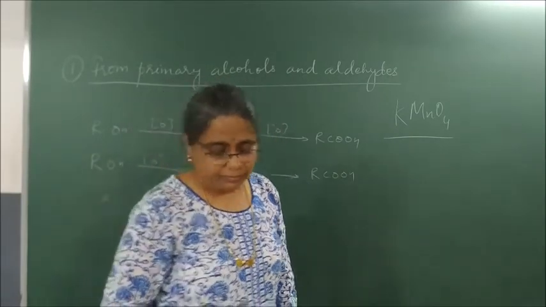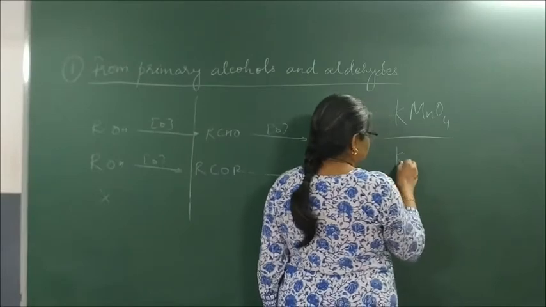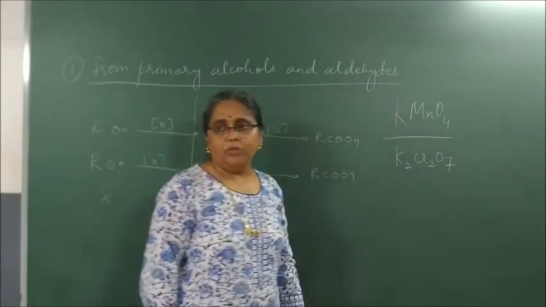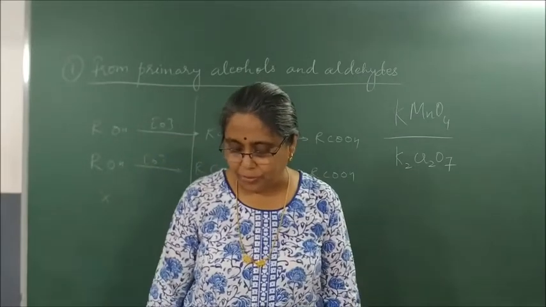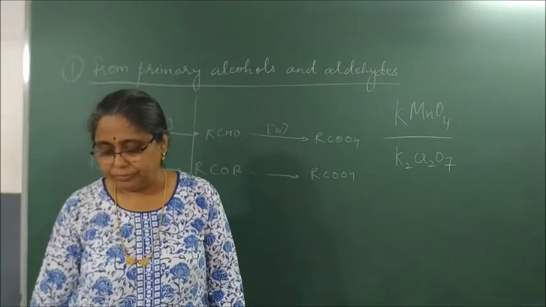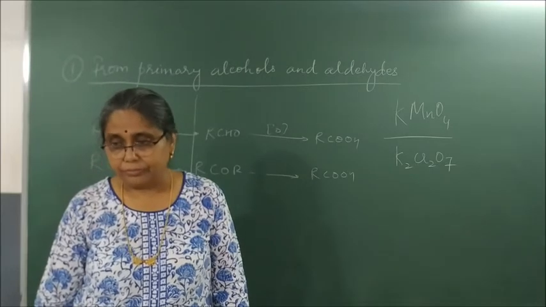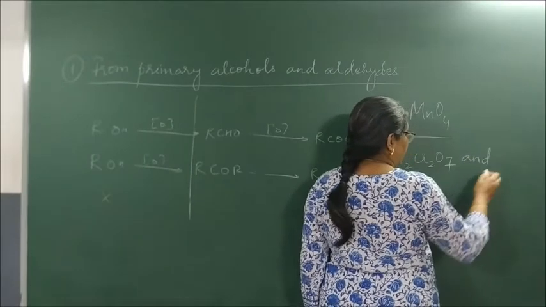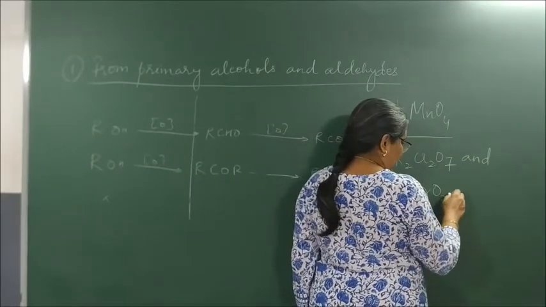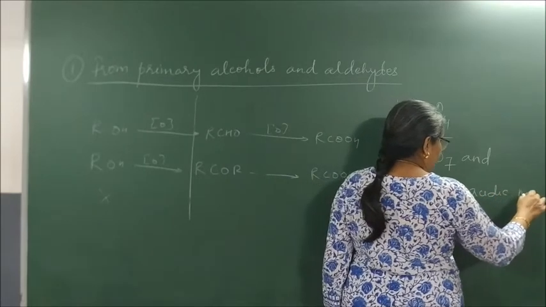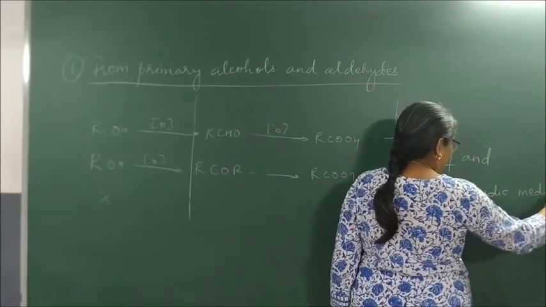or by K2Cr2O7. What is K2Cr2O7? Potassium dichromate. K2Cr2O7 and CrO3 in acidic medium.